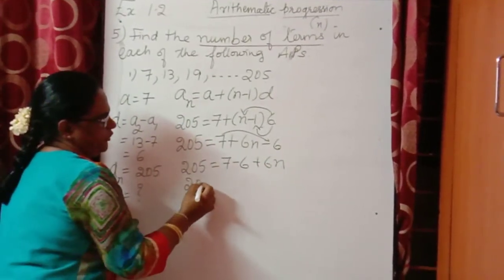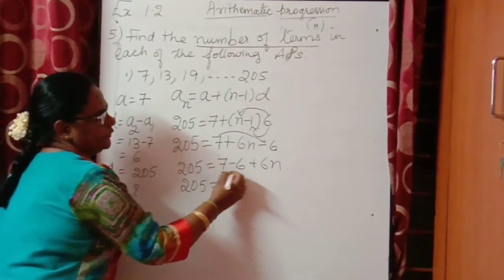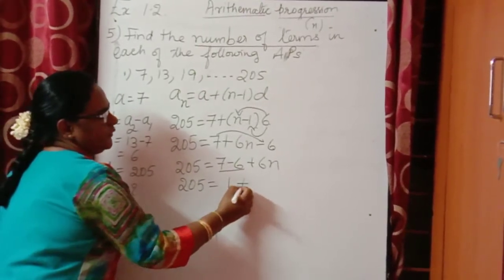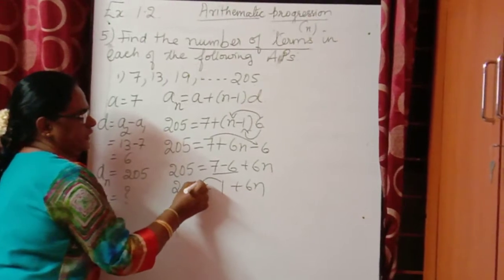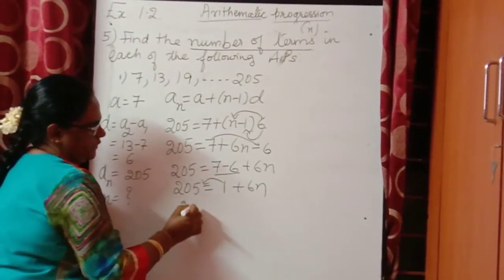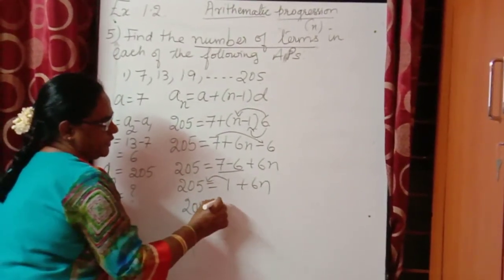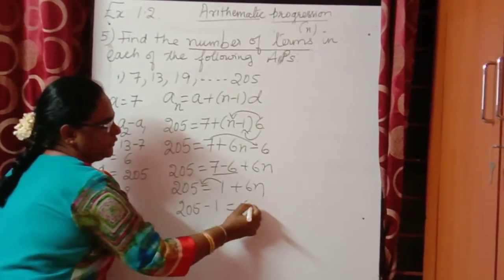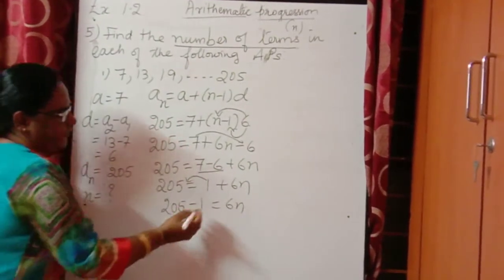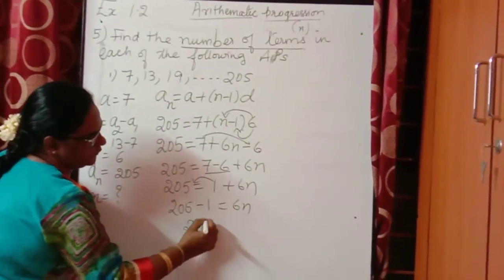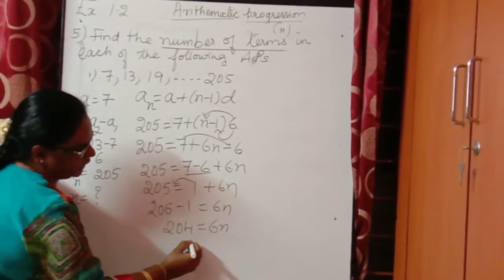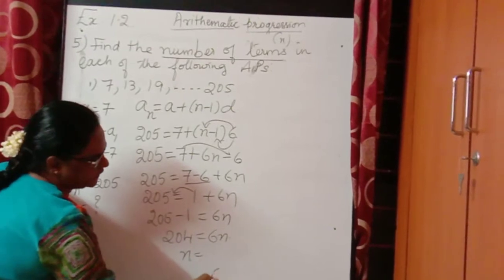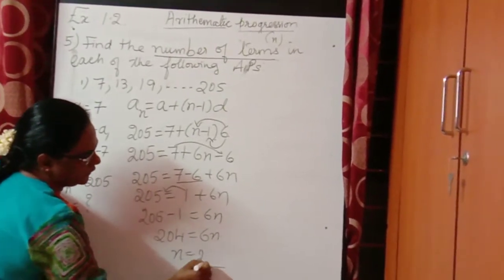Okay. 205 is equal to 7 minus 6, which is 1, plus 6n. Now shift 1 this side. That becomes 205 minus 1 is equal to 6n. 205 minus 1 is 204, equal to 6n. Therefore n is equal to 204 in the numerator and 6 in the denominator.